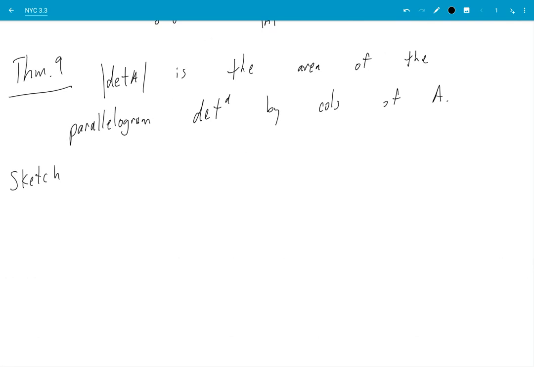We'll say sketch of proof again. Gonna be a few gaps here again, which I'll leave to you. Let's go into parts here.